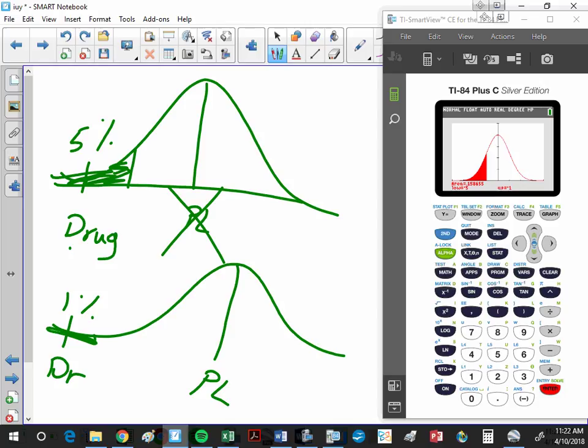But it's a lot harder to land in the 1% window than it is to land in the 5% window. So you could say the drug worked significantly better than the placebo did. But what you want to say is the drug was highly significant versus the placebo. Okay? And then this is only the first of several types of tests.